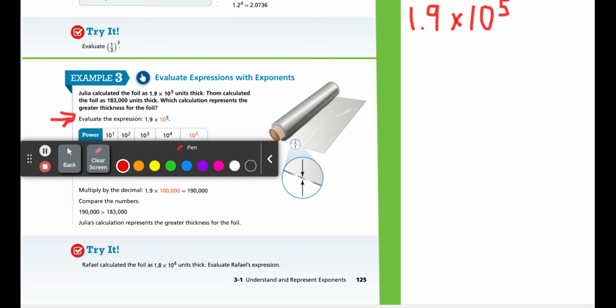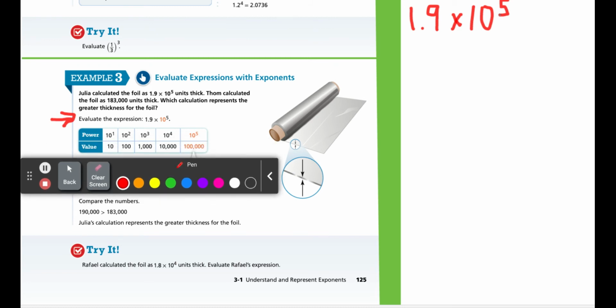Okay, so 10 to the 5th power, well, we'd have to figure out what that is, but we're also going to look for patterns here to help us. So let's look at this chart that they have. 10 to the 1st power, well, any number to the 1st power is that number, 10. 10 to the 2nd power is 100. 10 times 10, 10 to the 2nd power is 100.